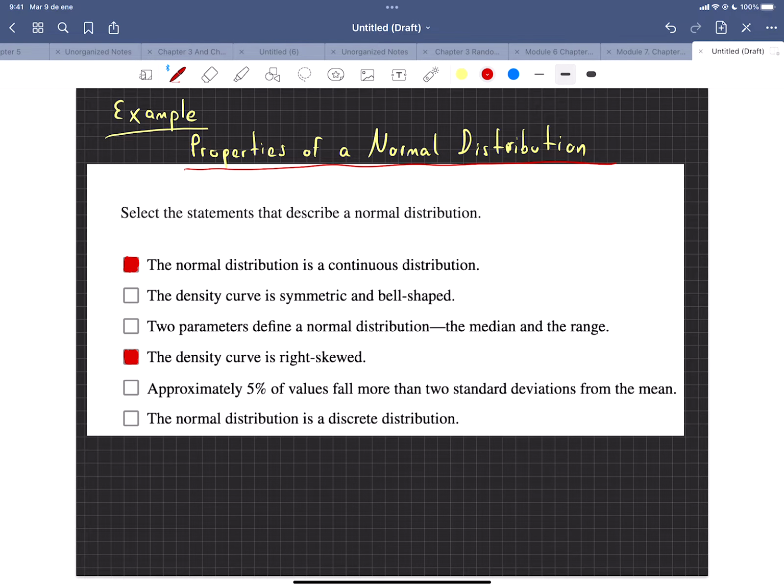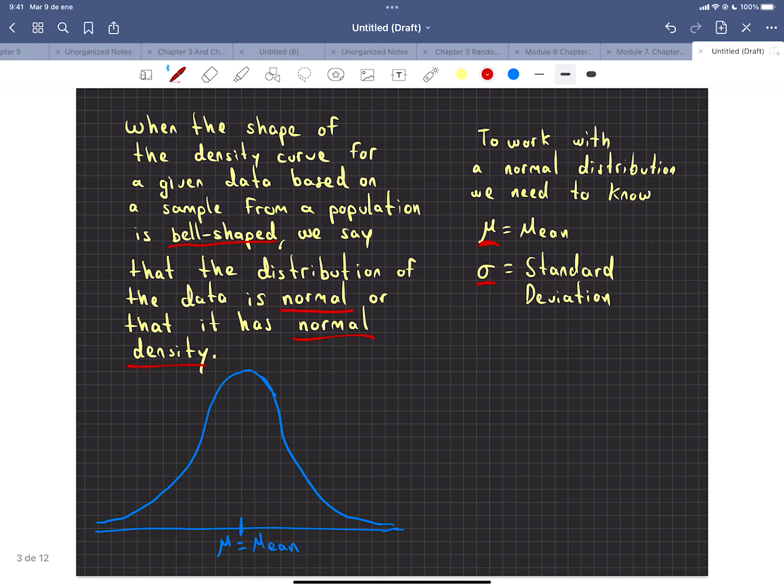What is the meaning of symmetric? Symmetric means that if you draw a vertical line exactly passing through the mean, then the normal curve is divided into two parts. This vertical line works like a mirror for this part and this part. In other words, this part is a reflection of this part.